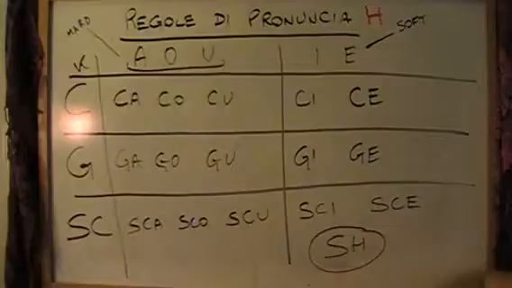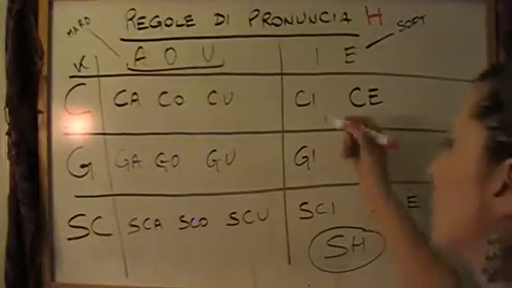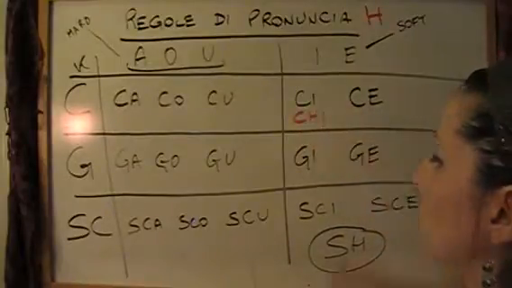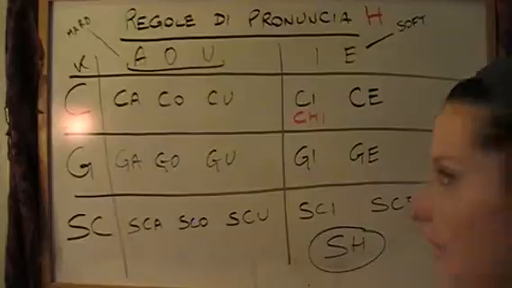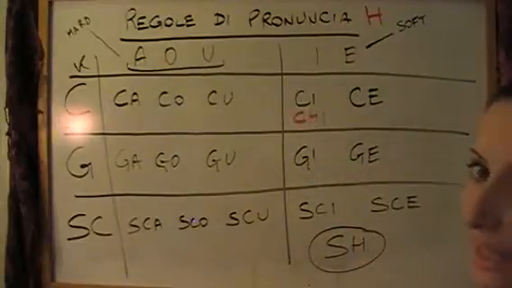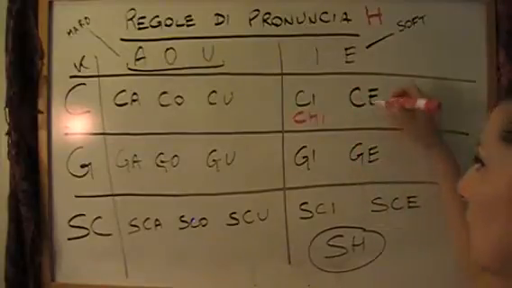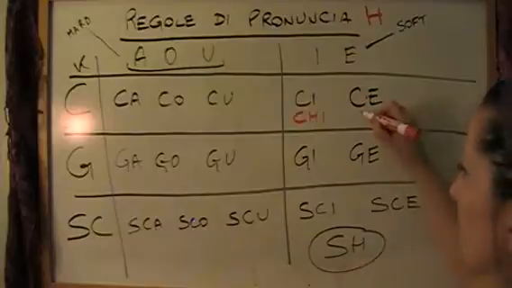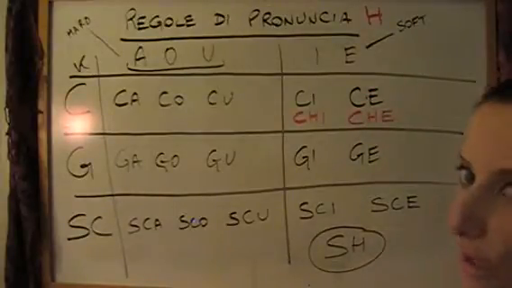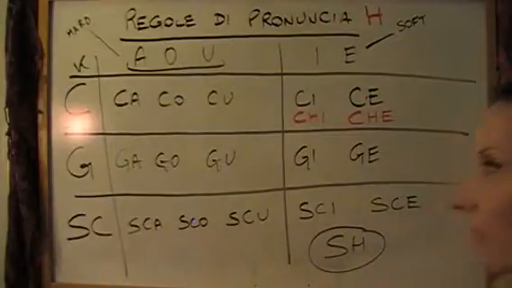So how do you say ki and ke? You put an H in the middle and correct the sound from soft to hard. Ki, with the H in between those two letters. Che, with the H in between, it becomes ke. So the H is mute, it's just used to correct those sounds.